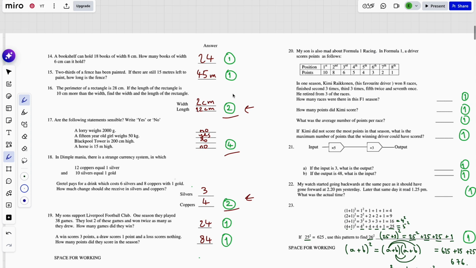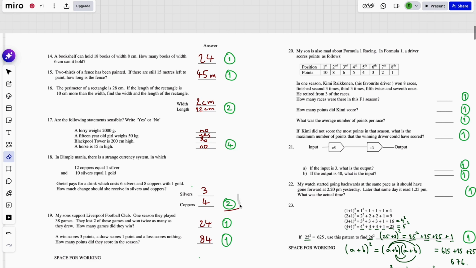The same thing with this, the same idea with this rectangle question 16. Now number 17, these four are independent of each other. So it's basically 1 mark for each of them. If you get some of them wrong and some of them right, you get the marks for the correct ones, and you get no marks for the incorrect ones.